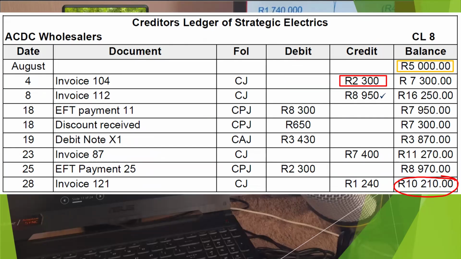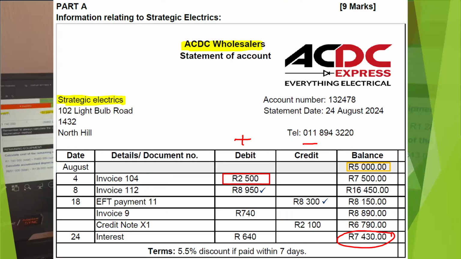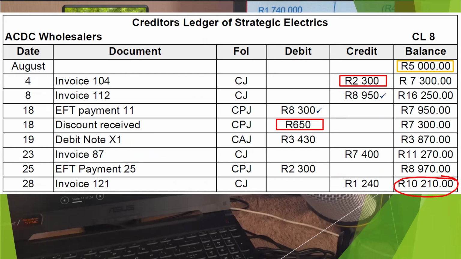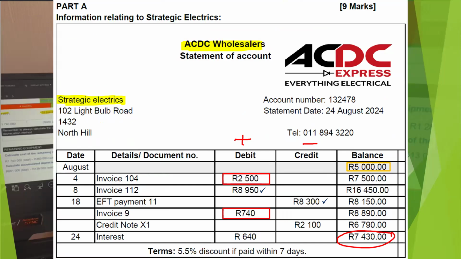Even this side I have ticked. 650, circle it, because it's not this side. 740, I did not see it in the creditors ledger, so I will circle it as well. 3,430, I will circle that. I did not see it this side. And 2,100, I did not see it that side.